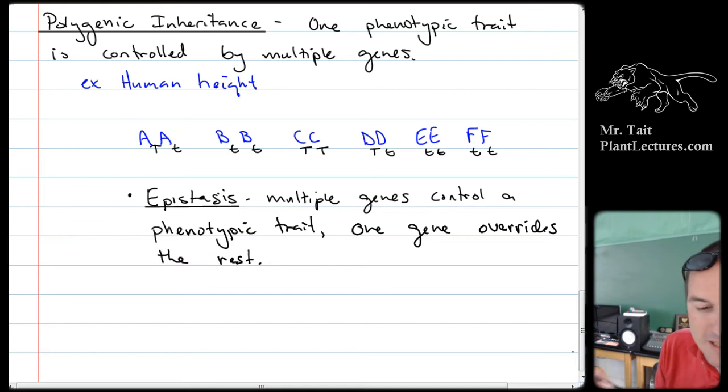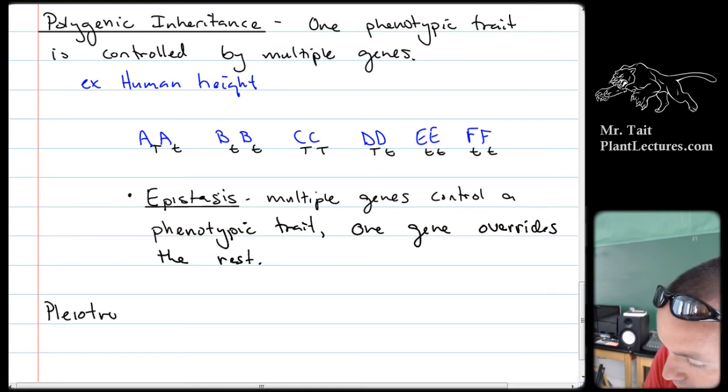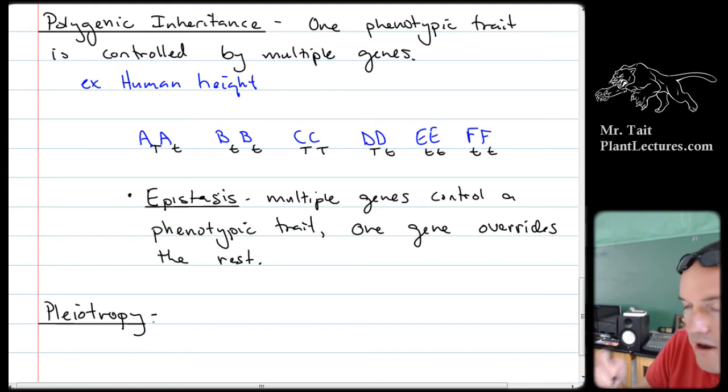Let's talk about the opposite of polygenic inheritance, called pleiotropy. Pleiotropy means that there are multiple different traits that can be controlled by one gene.